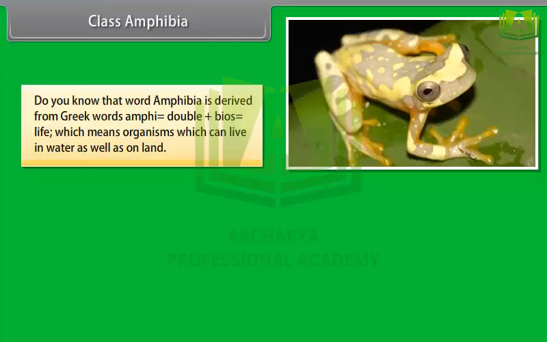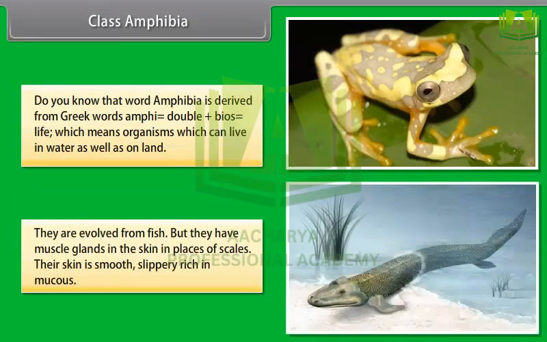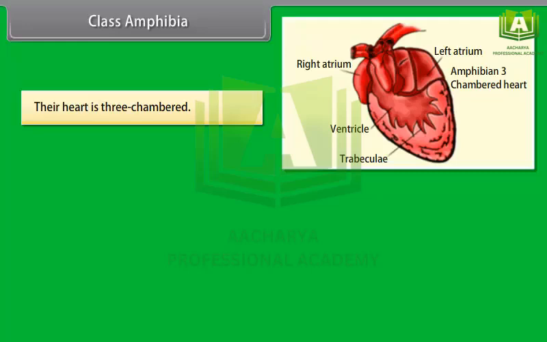Class Amphibia. Do you know that the word amphibia is derived from the Greek words amphi, which is double, plus bios, which is life, which means organisms which can live in water as well as on land. They evolved from fish, but they have mucous glands in the skin in place of scales. Their skin is smooth, slippery, rich in mucus. Their heart is three-chambered.